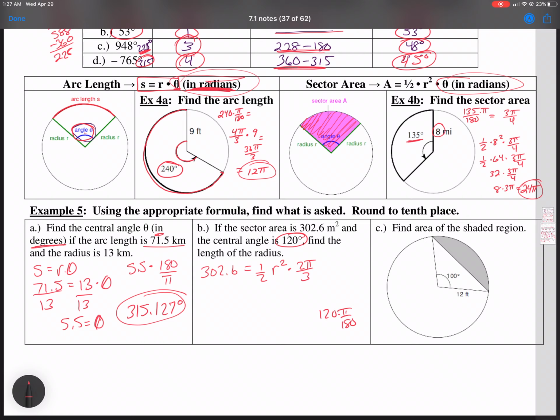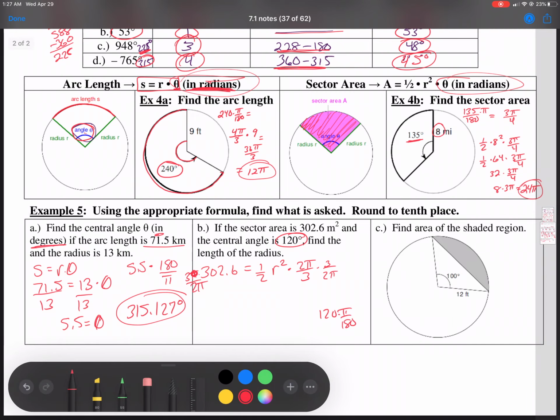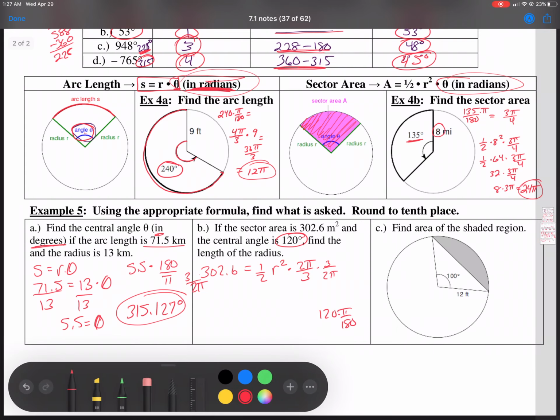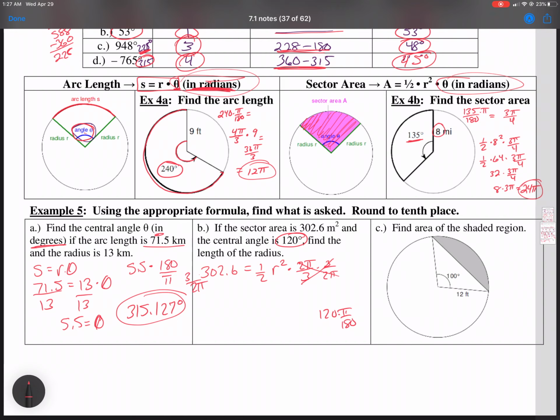So I'm going to solve this for r squared. So I'm going to multiply both sides by 3 over 2 pi. And that's going to cancel that out.